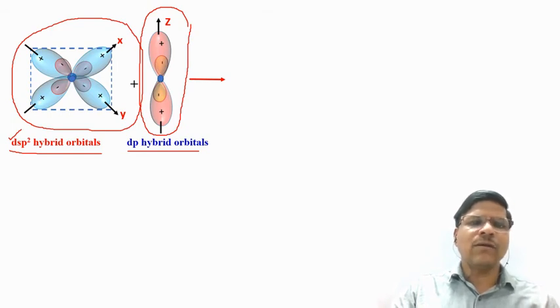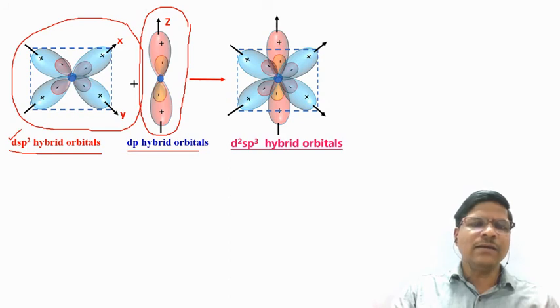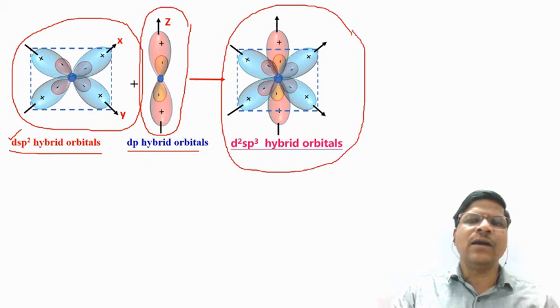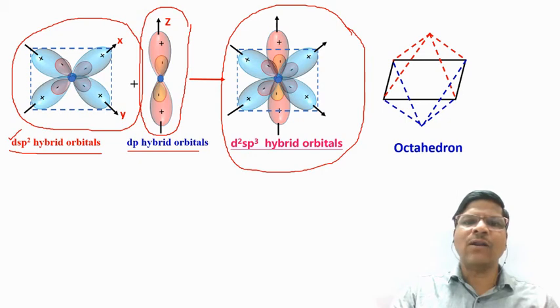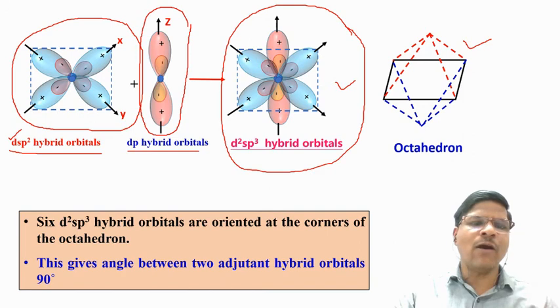So these 6 orbitals together will look like this, and they will be oriented along the corners of a regular octahedron. Okay, so we have the D2sp3 hybridization. Totally 6 hybrid atomic orbitals are formed, and the angle between two adjacent hybrid atomic orbitals will be 90 degrees.